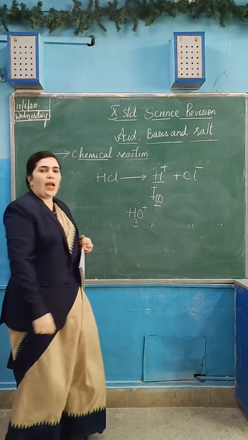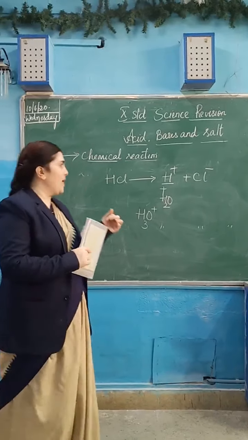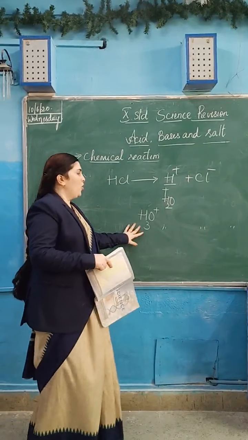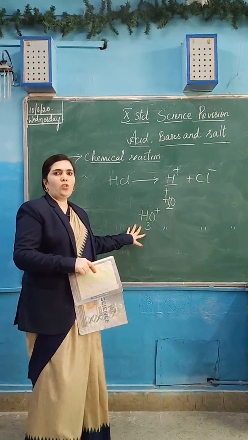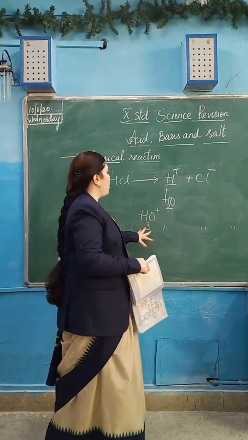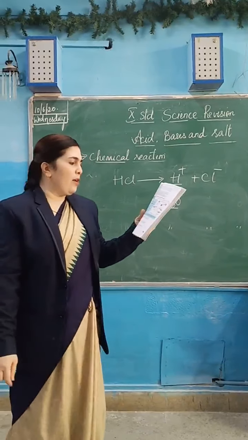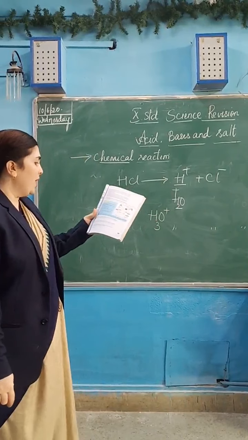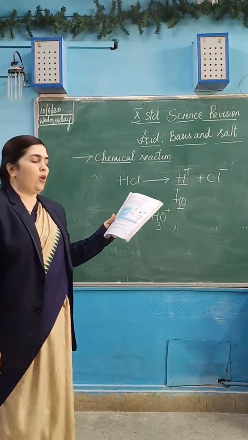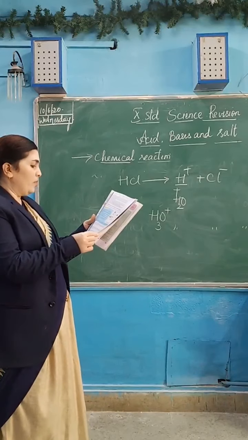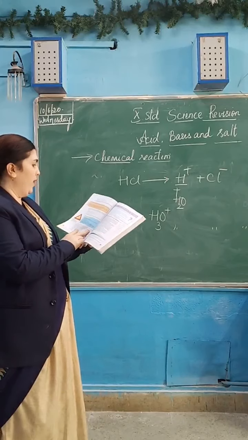This is the hydronium ion which is formed when acid dissolves in water. No free hydrogen ions. Hydrogen ions cannot move freely in the water. Always they are attached to the water molecules. Hydronium ions are formed. And when a base dissolves in water, hydroxyl ions are formed. So that is the equation you can read there.